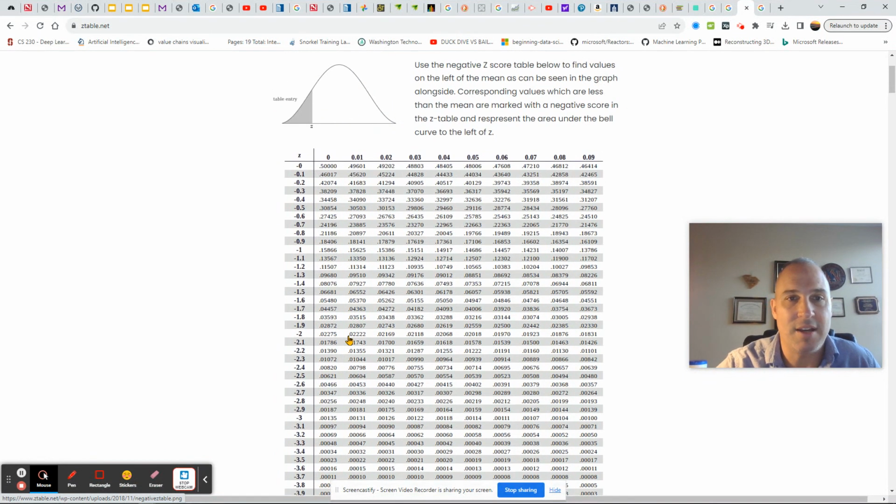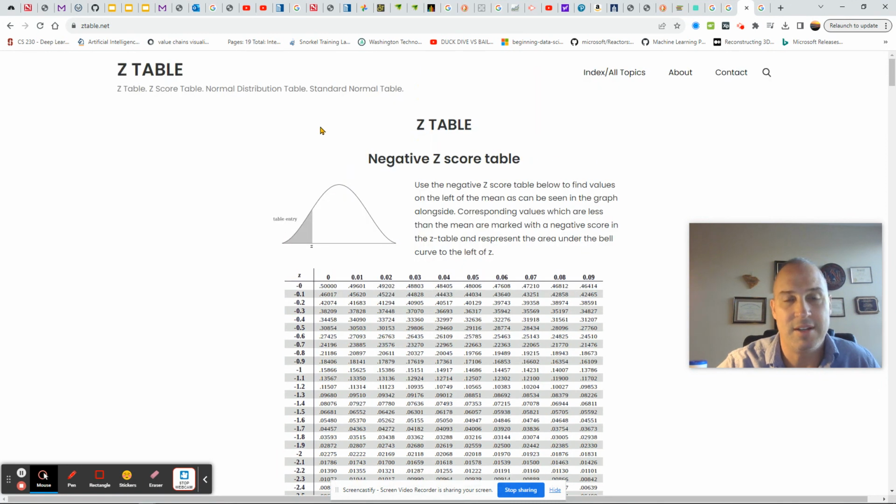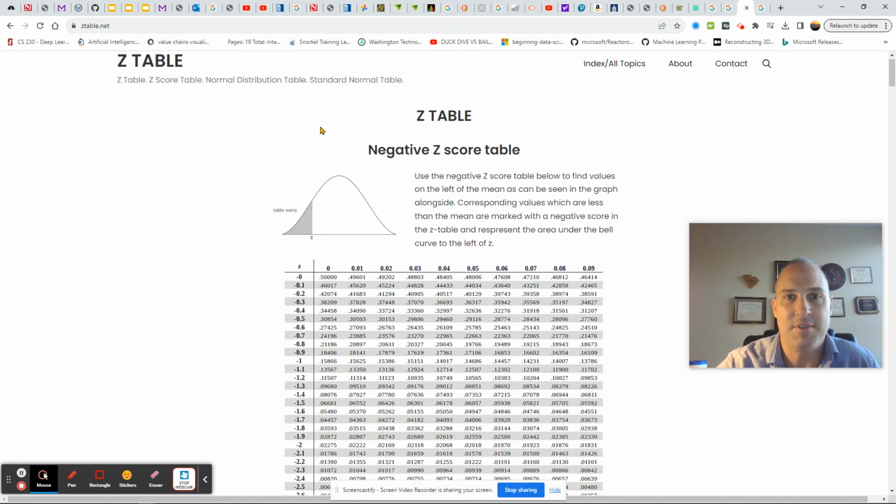With these z values, we can see exactly the probability for a z-score. There are going to be several different types of z tables. You have the negative z-score table, which gives you the probability. Inside these boxes are probabilities, okay?